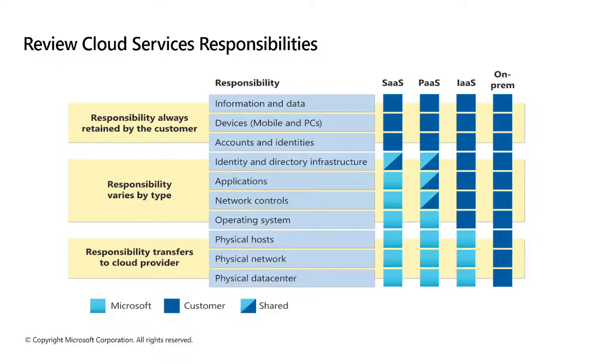You don't even see the cables, the switch, the router, the patch panel, RJ45, and everything. So the physical network is also being handled by Microsoft in this particular case.